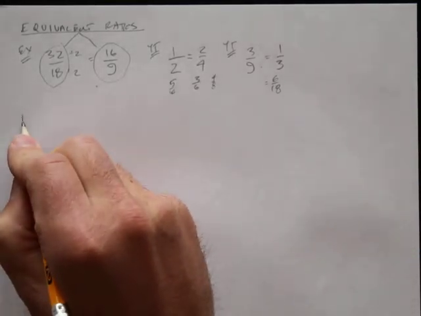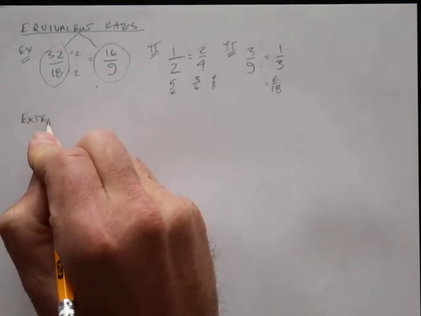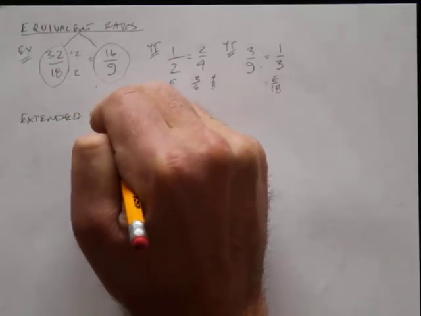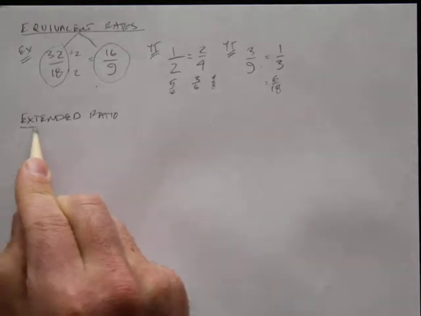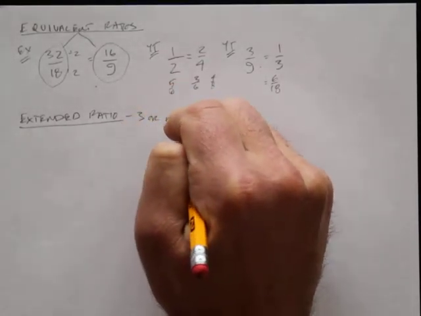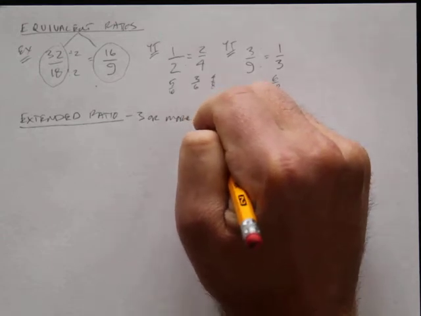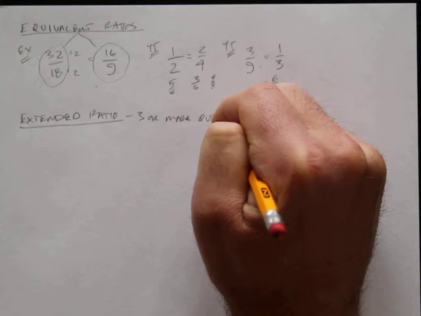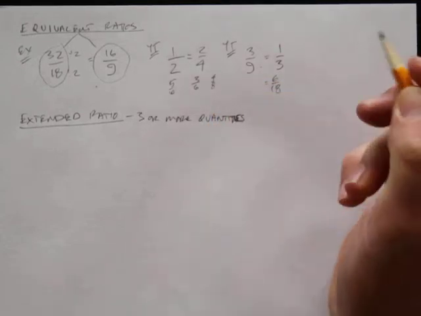Now let's talk about an extended ratio. So an extended ratio has 3 or more quantities. There's an I and an E there. Okay.